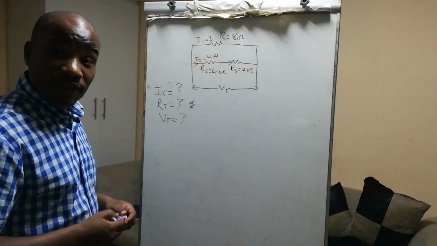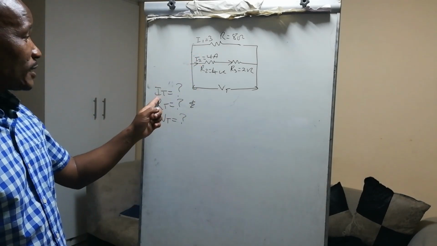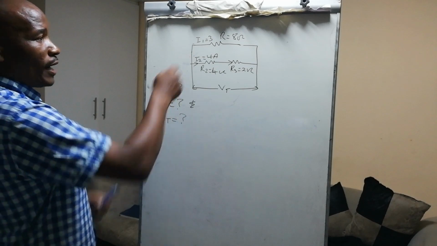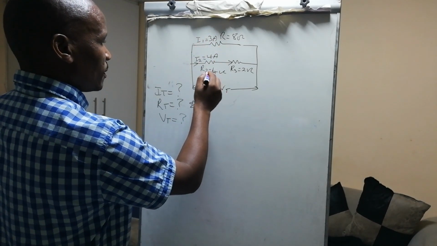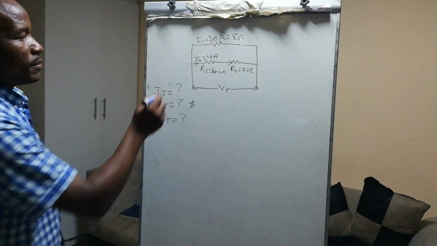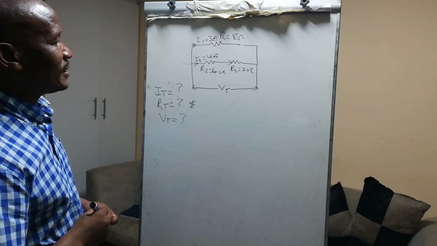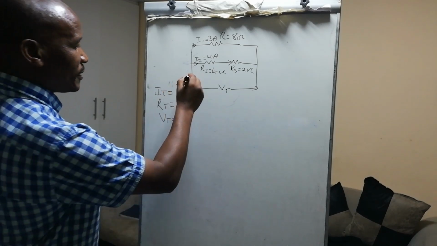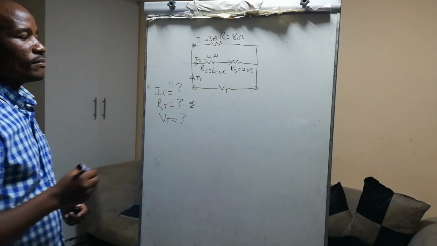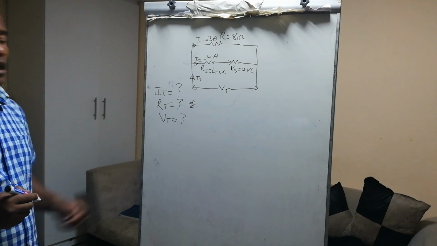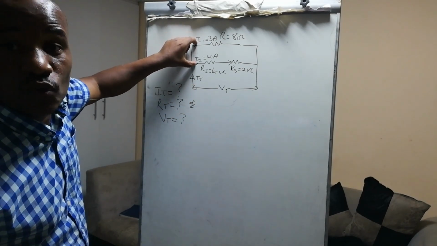From this information given, they say calculate this. And what is the total current equal to? You are given that this is I1, this one, and this one. Remember, in a parallel circuit, the current divides. But here, the total current there is the sum of these two currents.